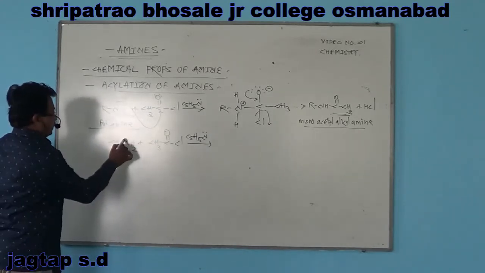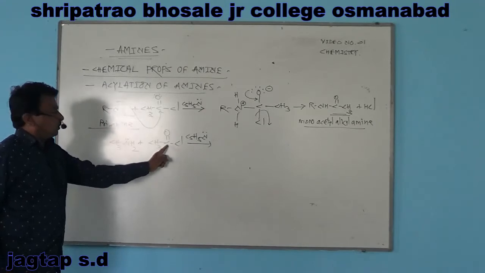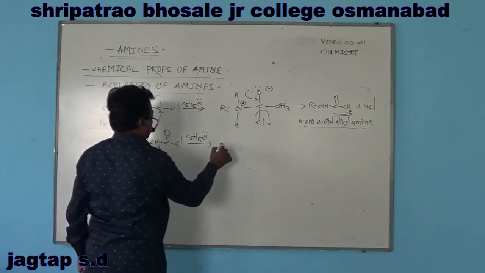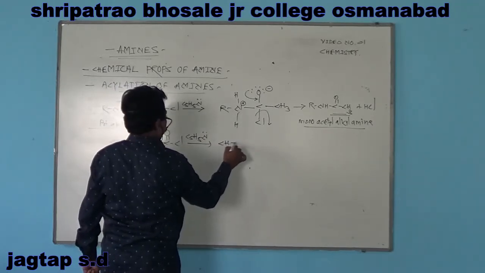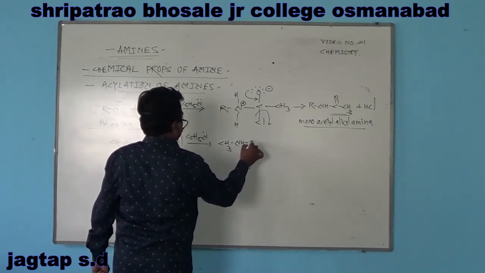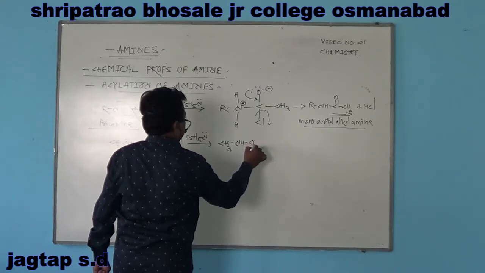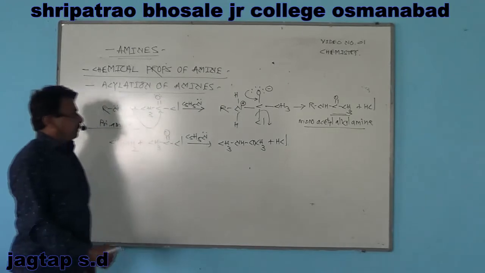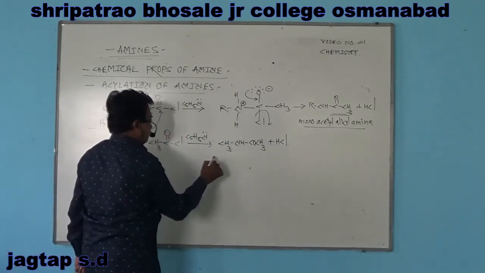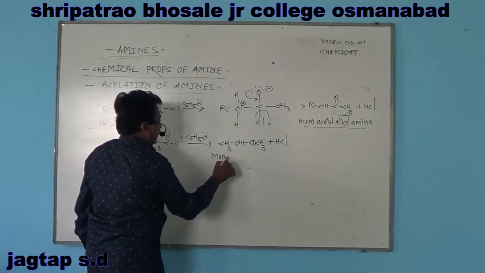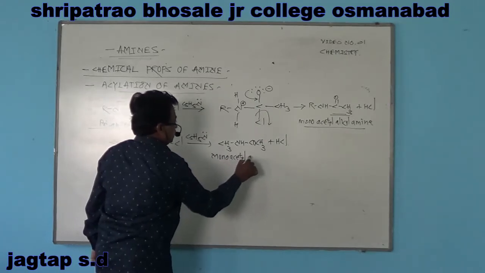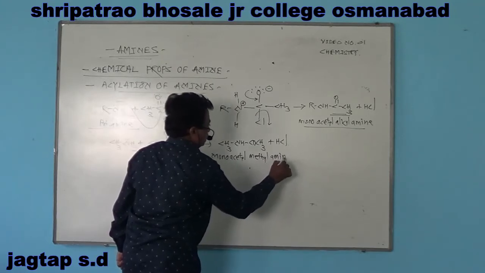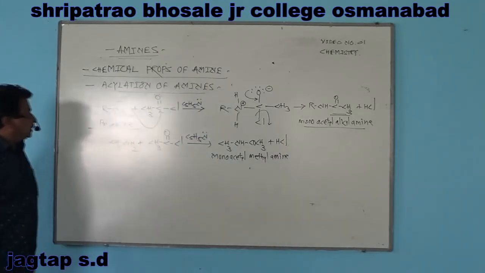Here the nitrogen atom contains a pair of electrons and has a tendency to donate a pair of electrons to electron deficient species to form CH3NHCOCH3 along with hydrochloric acid, named monoacetyl methyl amine.